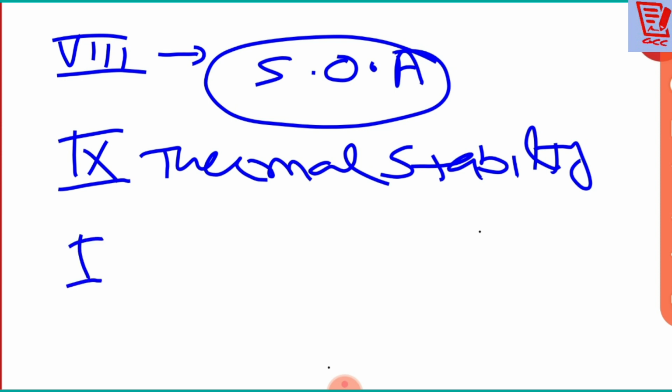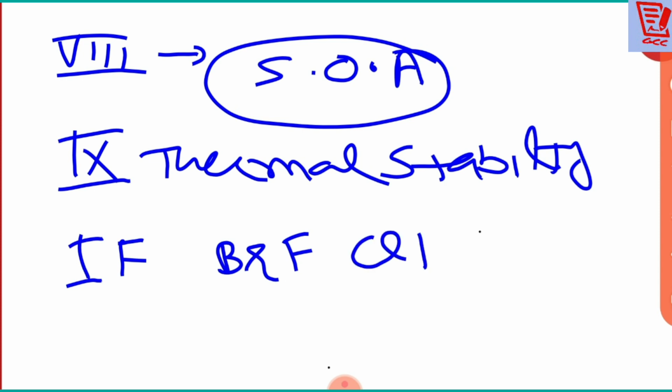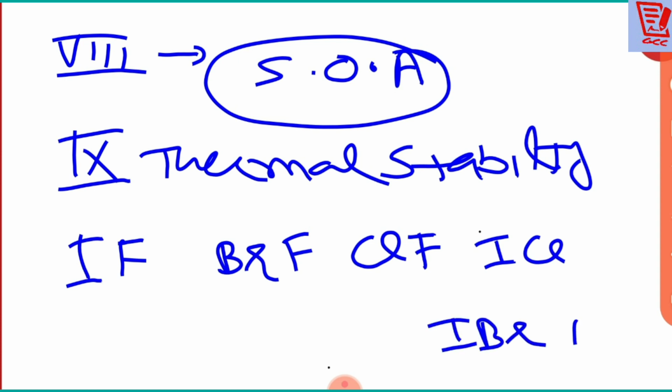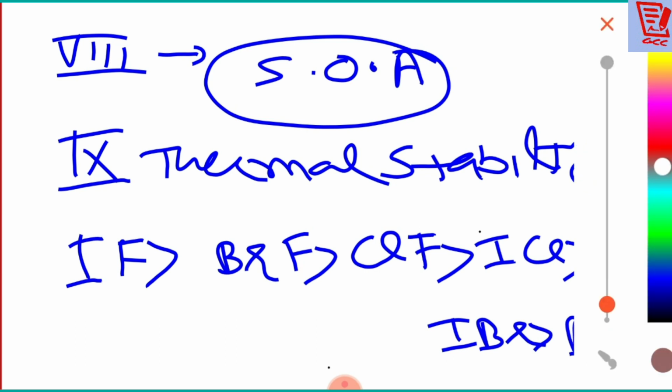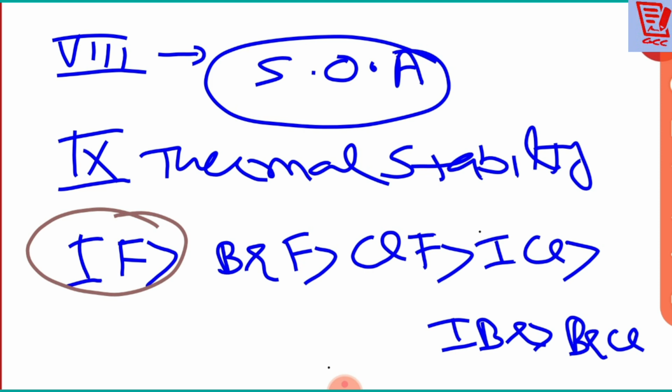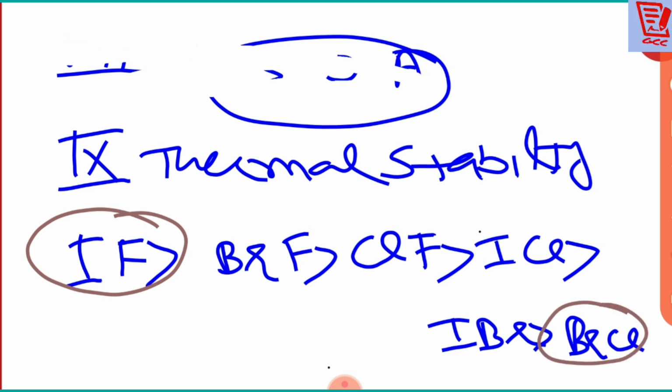Suppose I write IF, then BrF, ClF, ICl, IBr, then BrCl. This is the order of their thermal stability. Number one is IF, and the last one is BrCl.